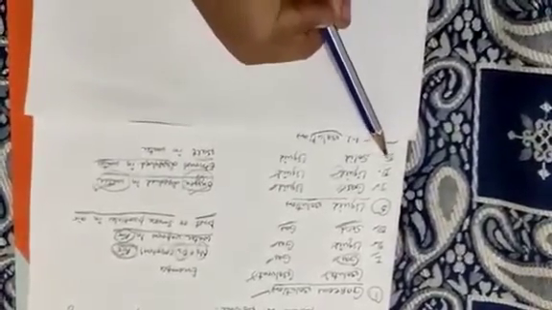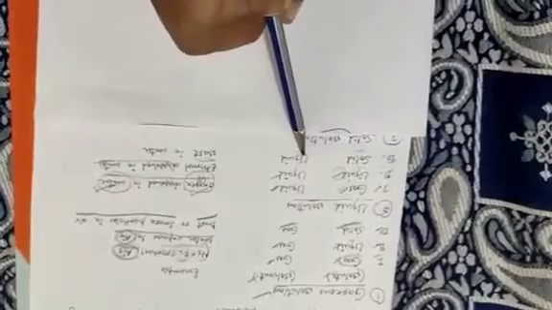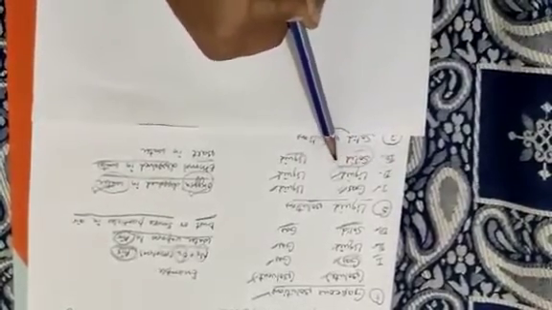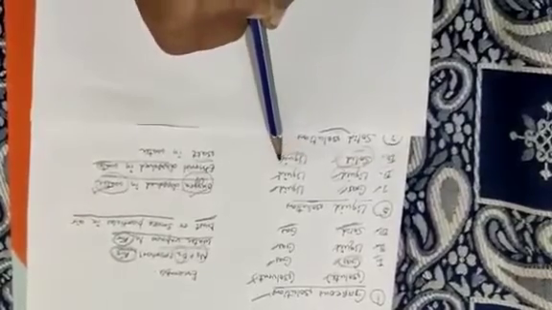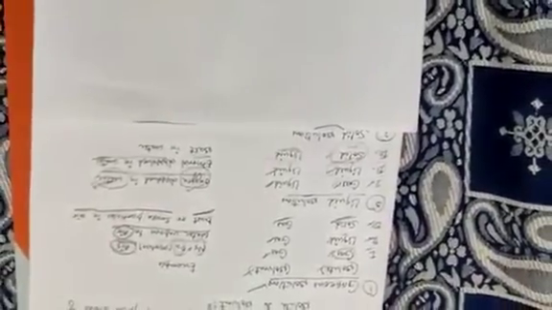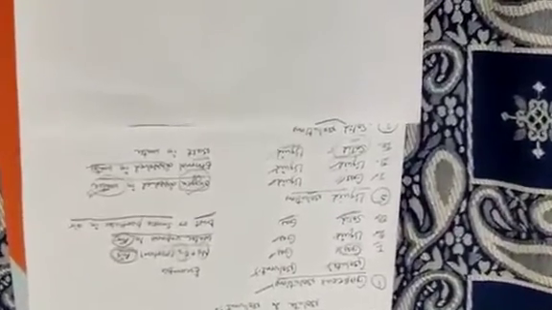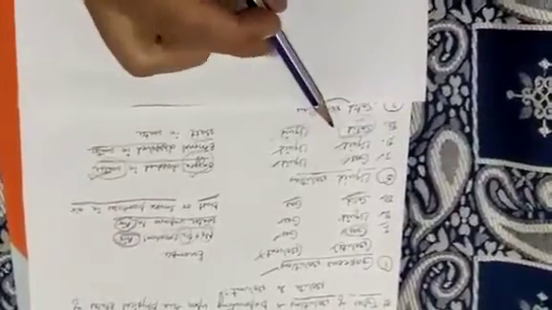The third one is solid in liquid, in which the solute is in solid state and the solvent is in liquid state. And the best example is when we dissolve salt in water, the solution which is prepared is a liquid solution in which solute is in solid state, salt is in solid state, but water is in liquid state.